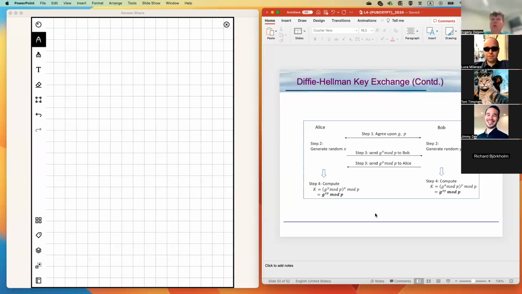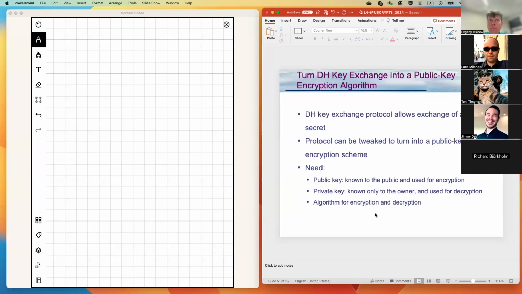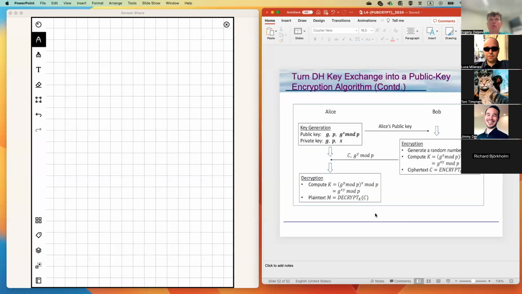However, you can also use this technique in the public key manner. What you do in this case is shown on this diagram.